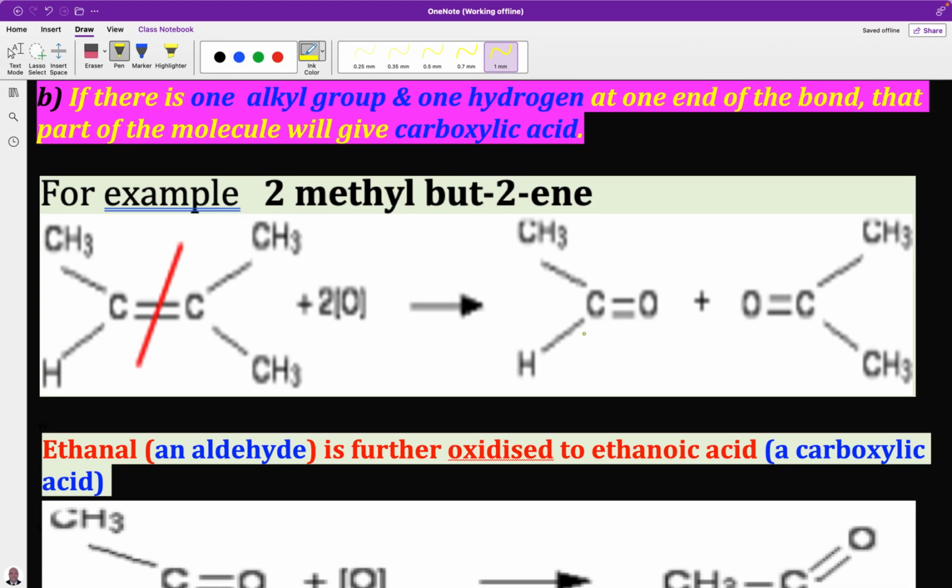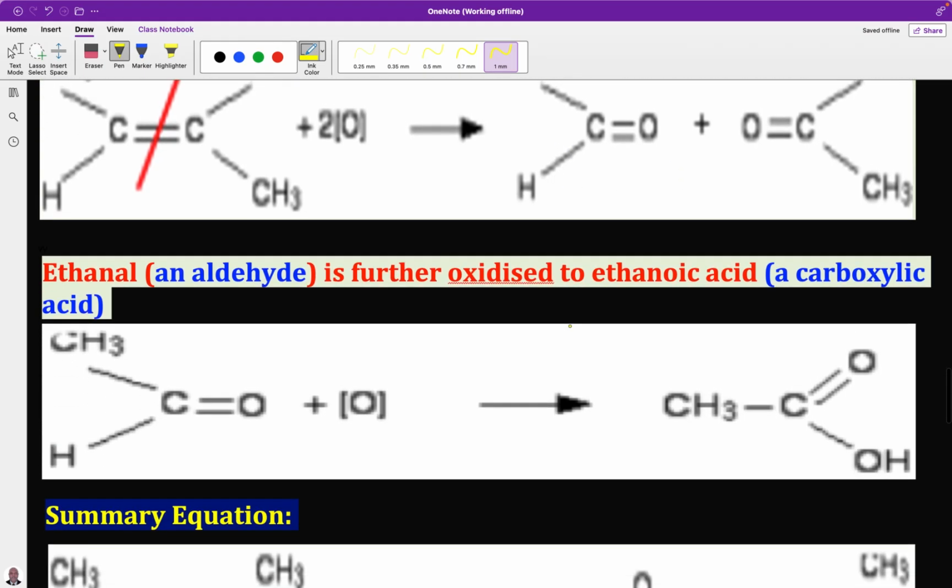Now remember that in oxidation, ethanal can be oxidized to what? To a carboxylic acid, that is ethanoic acid. So the ethanal produced here will undergo further oxidation to ethanoic acid.